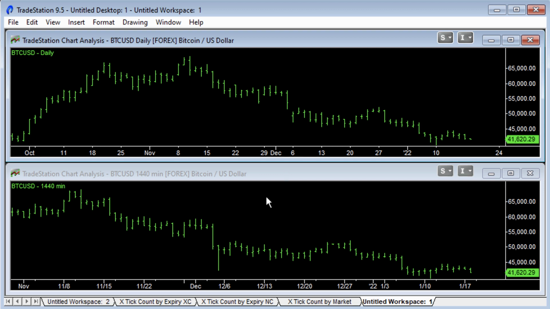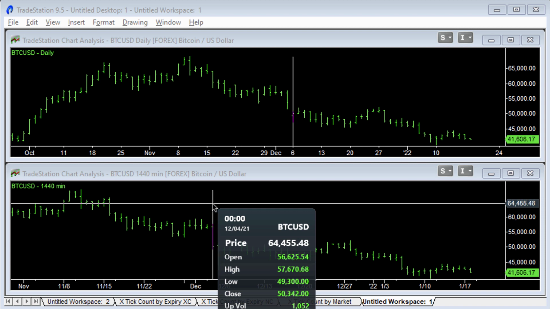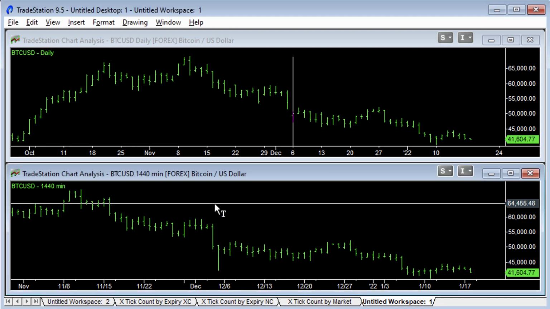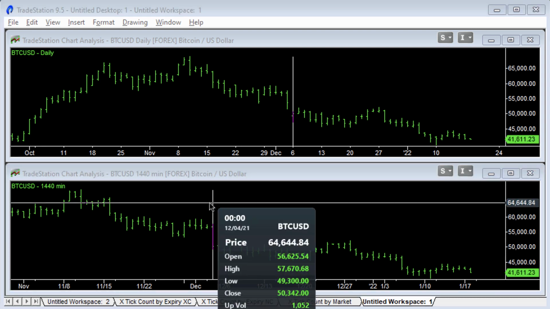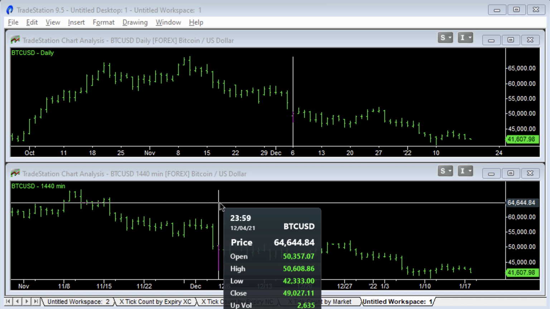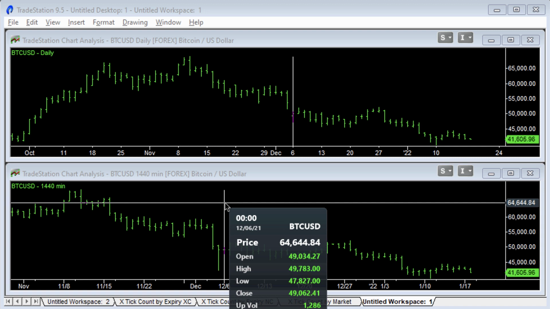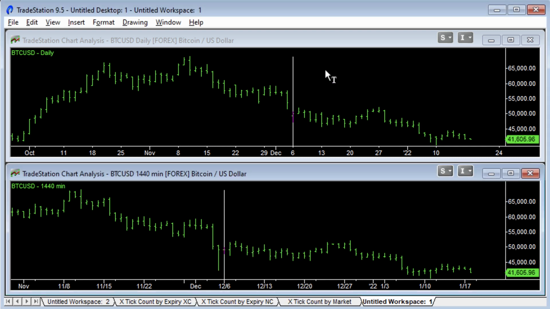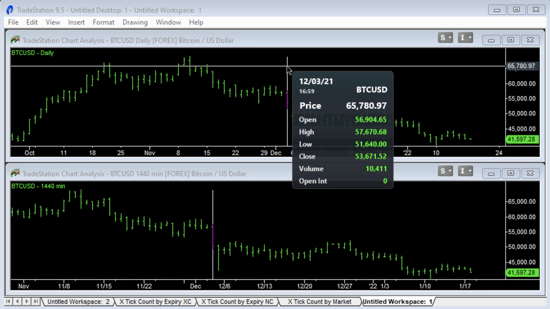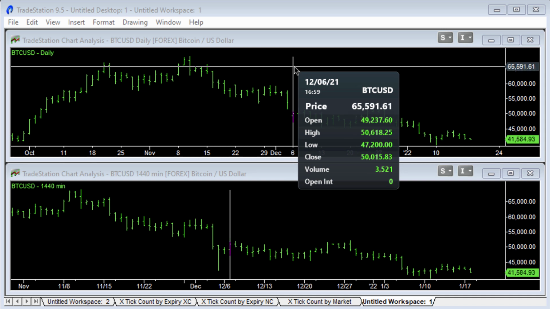But this is what's important to look at here: these particular dates, where you can see this activity on this chart down here. We had December the 4th, and that was the end of December the 4th. That's December the 5th, and then December the 6th. On this chart here, you can see we have December the 3rd, and then we jump to December the 6th.